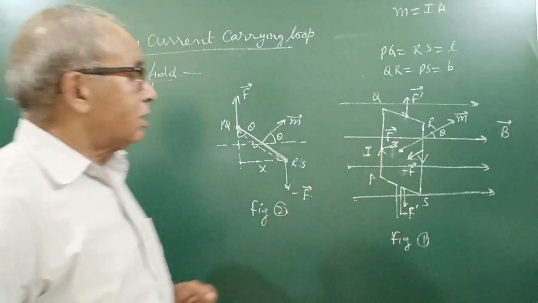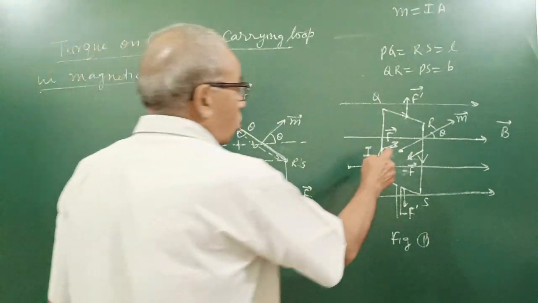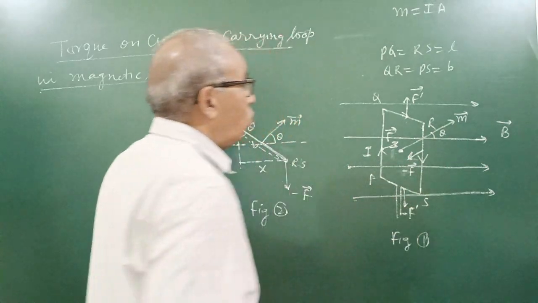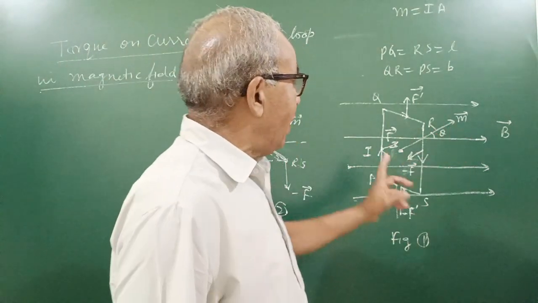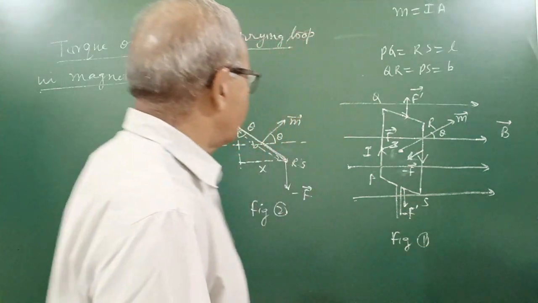Here I have taken the stand when normal to the plane of loop, that is the direction of dipole moment, makes angle theta with B.